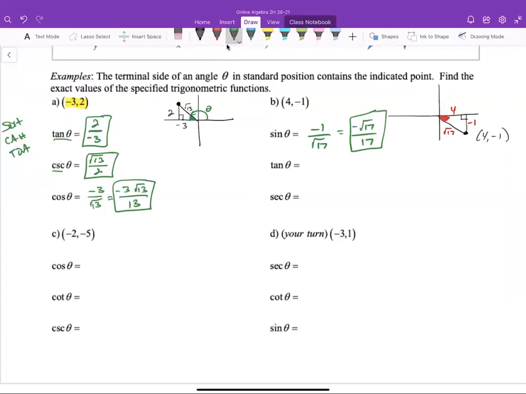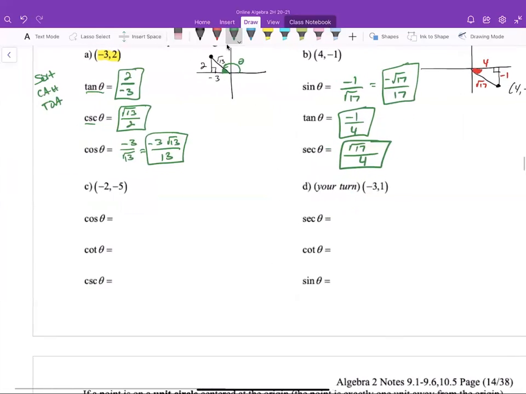That will give me -1 over 4. Secant is related to cosine. Cosine is adjacent over hypotenuse, so secant is hypotenuse over adjacent. And so that'll give me the square root of 17 over the adjacent side, which is 4.